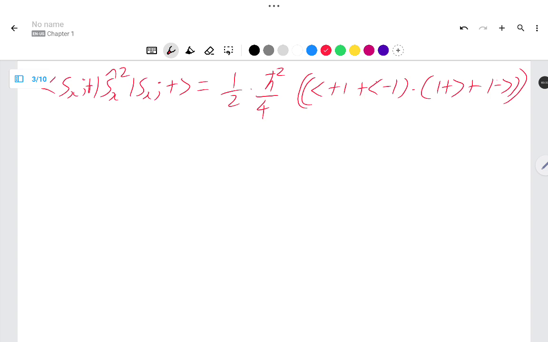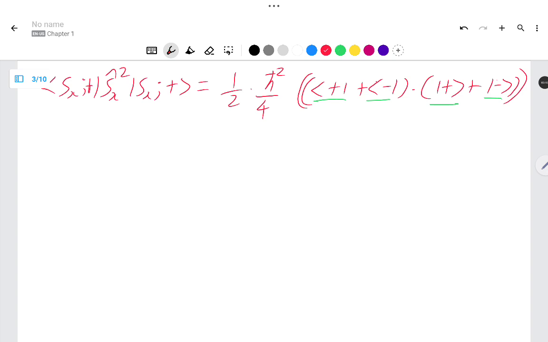I have this plus, which gives me 1, there is minus minus, which gives me again another 1.